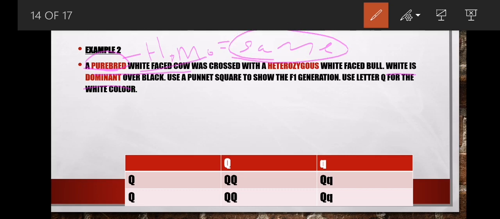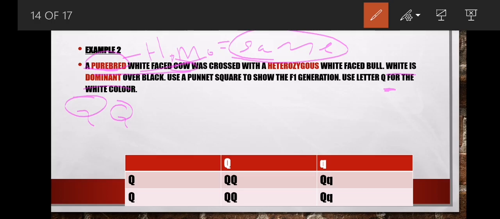Now you go to the last sentence. They say use letter Q for white. So for the cow we have capital letter Q, capital letter Q, to make it a homozygous dominant allele because both of them are the same.